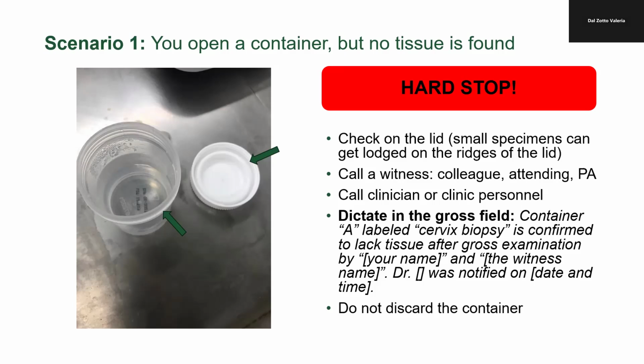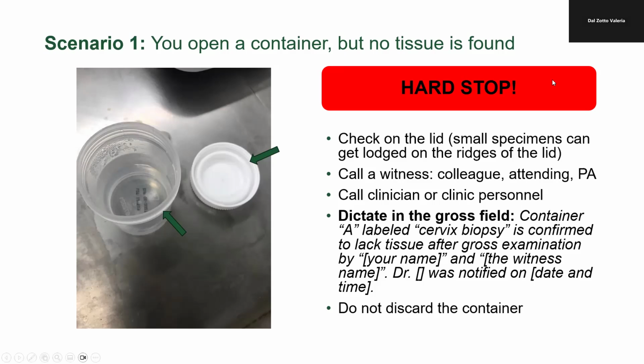If you know that the attendant on the case is around, please page the attendant, and the attendant will corroborate that there is no tissue, and you must call the clinician or the person in the clinic to let them know that they sent a container without tissue.